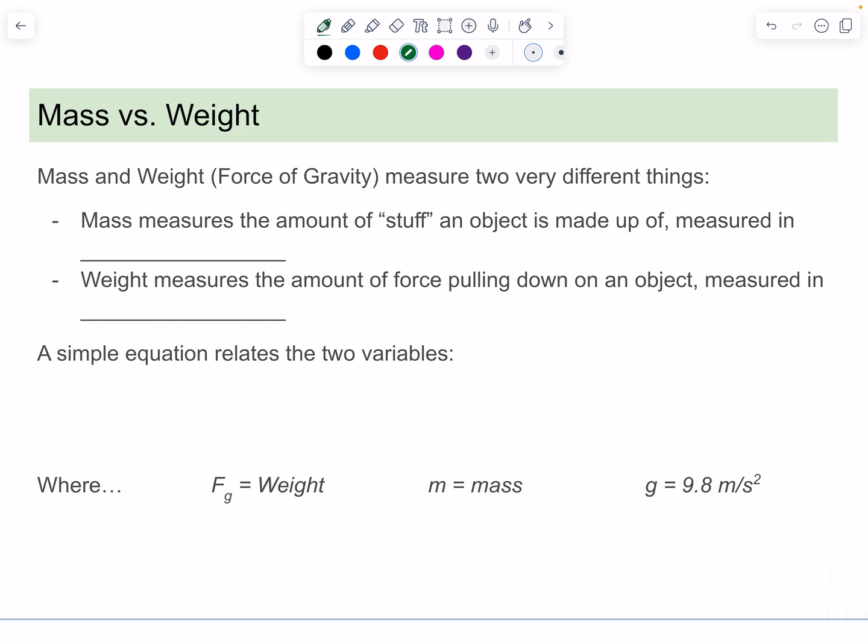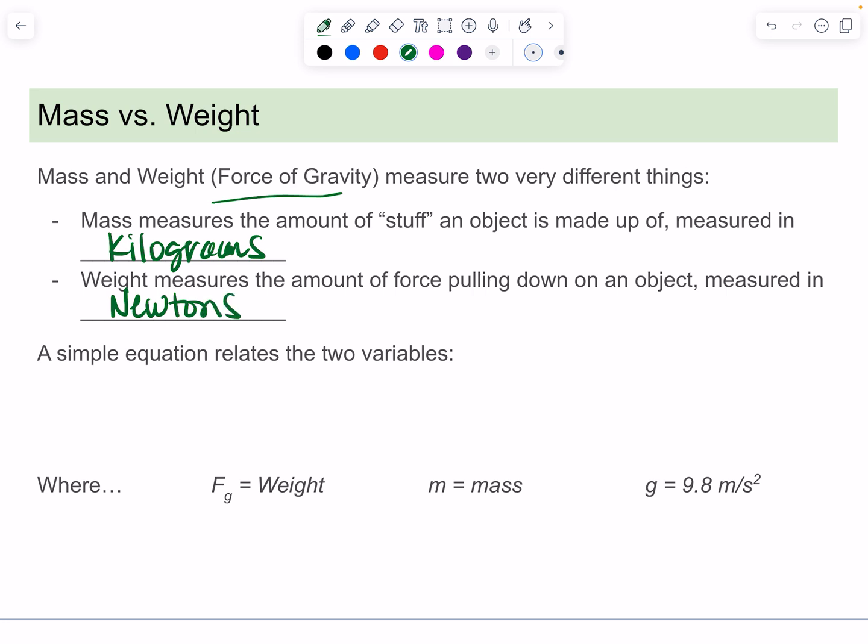Another thing to be familiar with is the concept of mass and weight. So mass and weight, or the force of gravity, measure two very different things. Mass measures how much stuff an object is made up of, and it's measured in kilograms. Whereas weight measures the amount of force pulling down on an object and is measured in newtons.